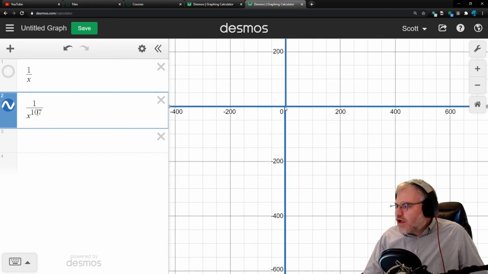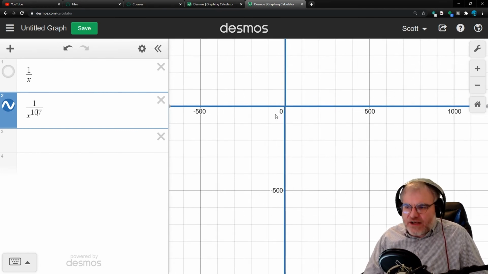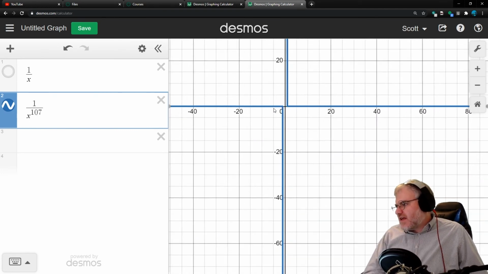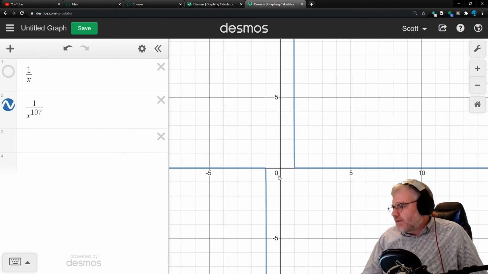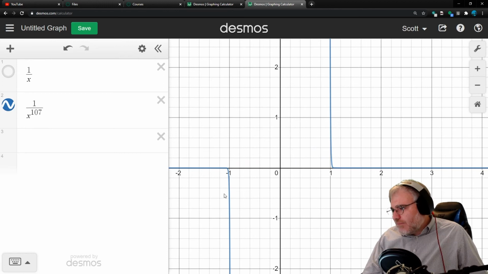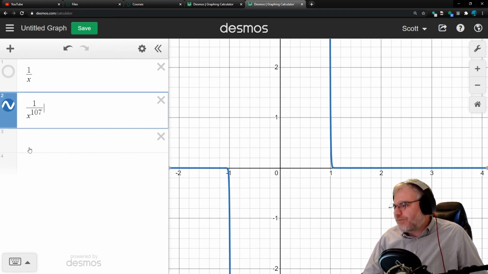And it takes a long time to get to 0, but it does eventually. It's just faster to get to negative infinity in one sense. And then it plops down right here. But it's the same basic function.